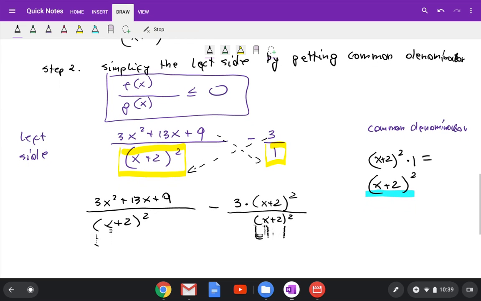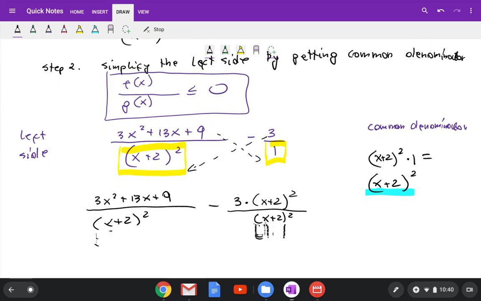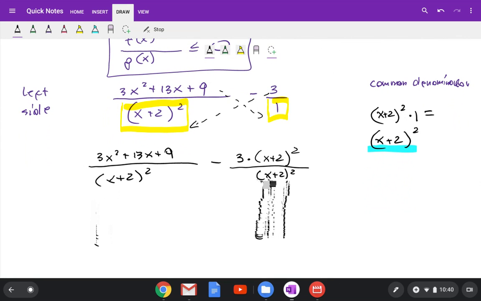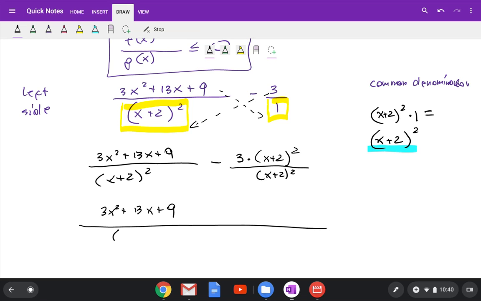Okay, so still working with the left side. We'll take care of the right side in a second. We're going to simplify that. Since we have a common denominator, rewrite as a single fraction.